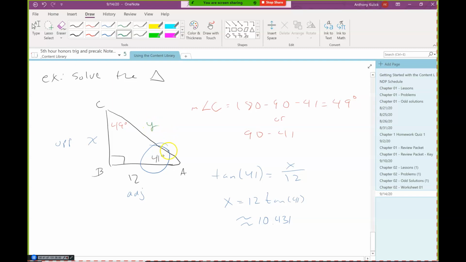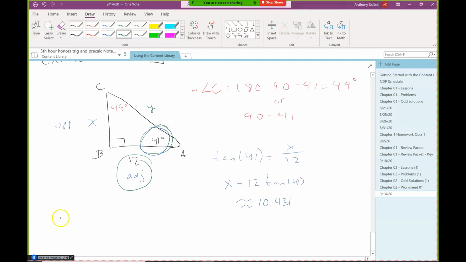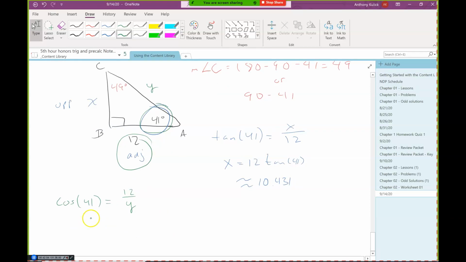So I would use angle 41 and the adjacent side. Here we'll use cosine of 41 equals adjacent over hypotenuse. The reason this method gives us a more accurate answer is that here I'm only rounding once, right?